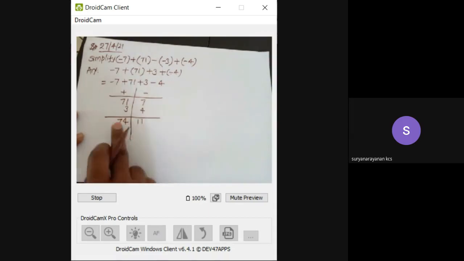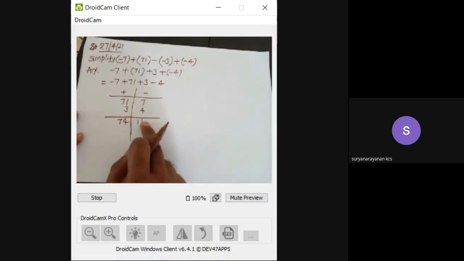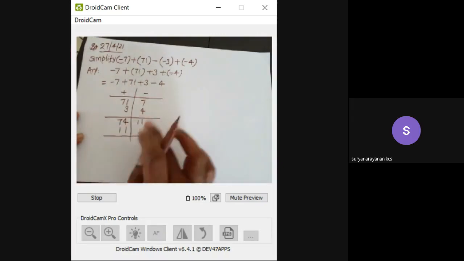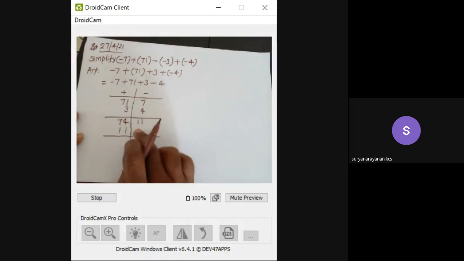After getting this step, I told you, we have to subtract the smaller number from the bigger number. Remember this rule, just like a formula: subtract the smaller number from the bigger number. What is the smaller number here? 11. So you have to write that smaller number right below the bigger number. Now subtract. Here only subtraction, not addition or multiplication or division.